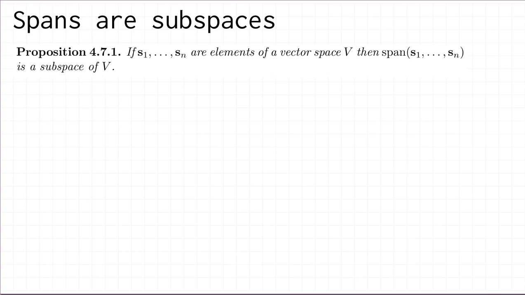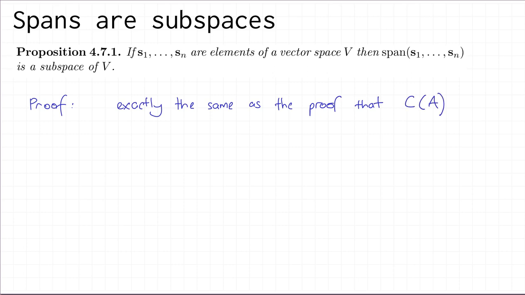So all I want to say here is that this proof is exactly the same as the proof that the column space of a matrix was a subspace of R to the m from our lecture on null space and column space.